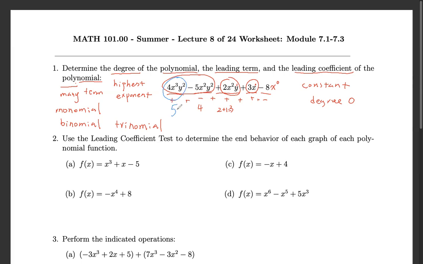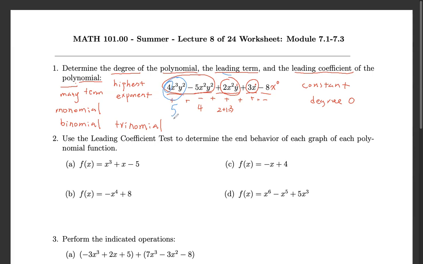So 3 plus 2 is 5, degree 5. Then the leading term is the term that has the highest degree. So in this case, 4x cubed y squared is the leading term. The leading coefficient is the number in the leading term, in this case, 4.